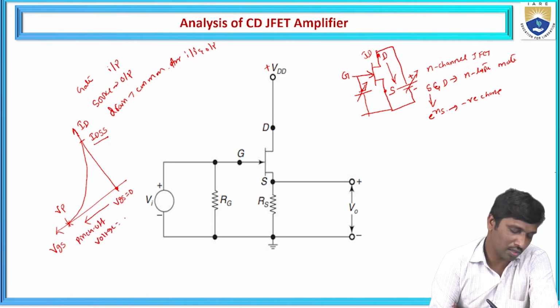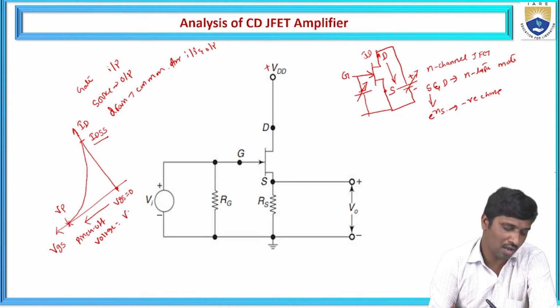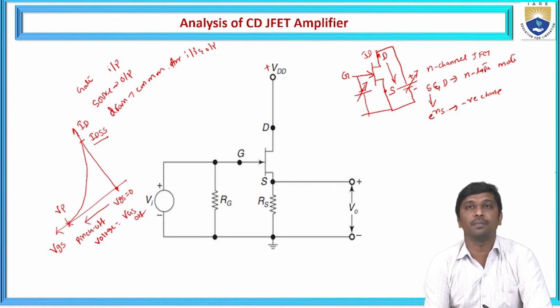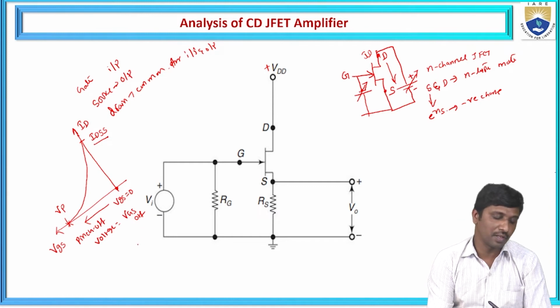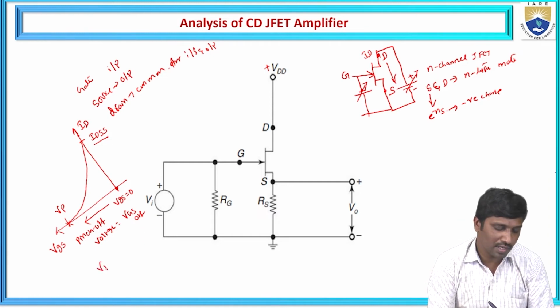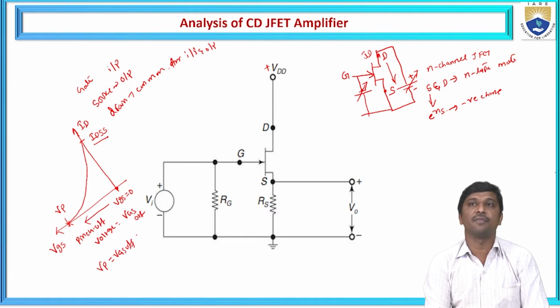This is also called the gate to source cutoff voltage, represented as VGS(off). So at this point, VP is equal to VGS(off).